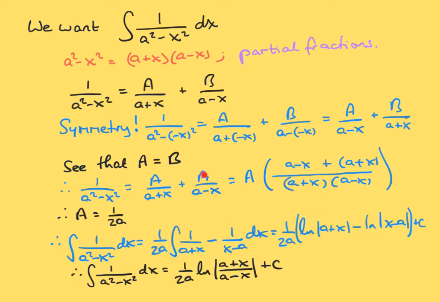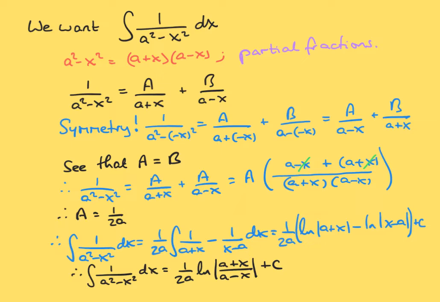We've taken the capital A outside, and then we have over a minus x. So we multiply top and bottom by a plus x, so that we've put these two terms over a common denominator. And now if we look at this, what we see is the minus x and the plus x here would cancel. So we would get 2 times a.